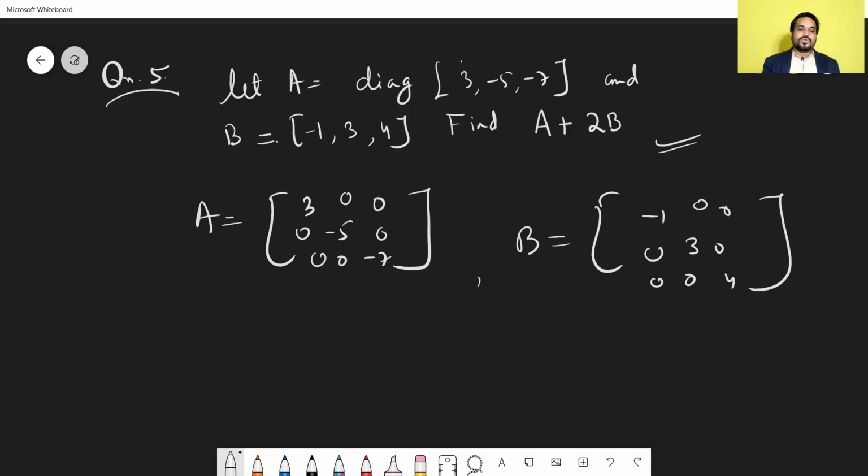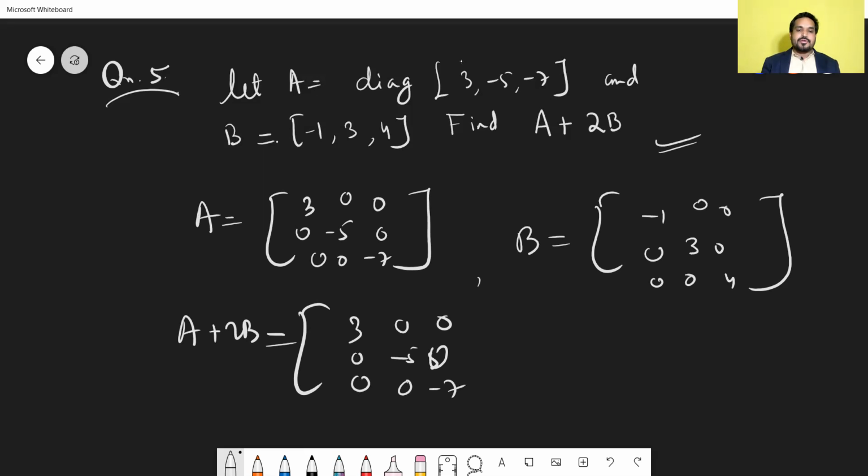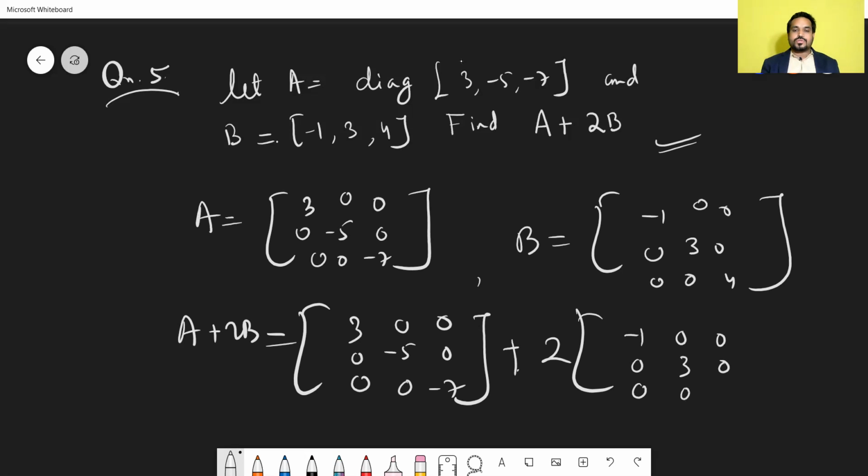It is very easy. So A + 2B means A, which is 3, 0, 0; 0, −5, 0; 0, 0, −7, plus 2 into the B matrix, which is −1, 0, 0; 0, 3, 0; 0, 0, 4.